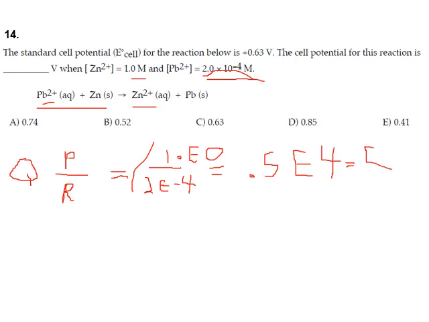To get log of Q, can I just write this as 5K? Because number one, it'll save time, and also I'm out of room here. So 5,000 is going to be Q. What would log of 5,000 be? Well, 10 to the first is 10, 10 to the second is 100, 10 to the third is 1,000. We want 5,000, so 10 to the fourth is 10,000.